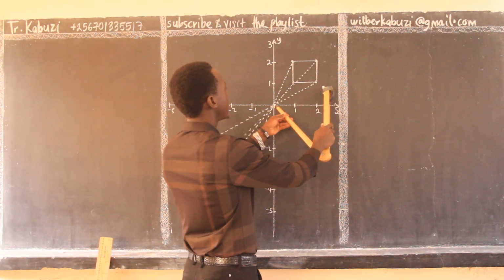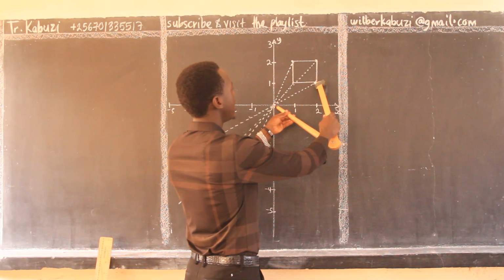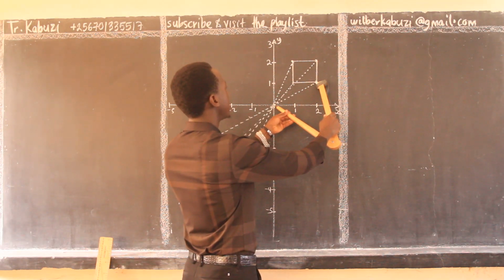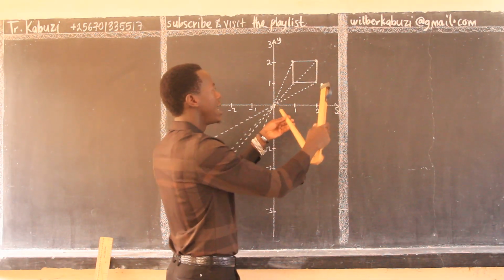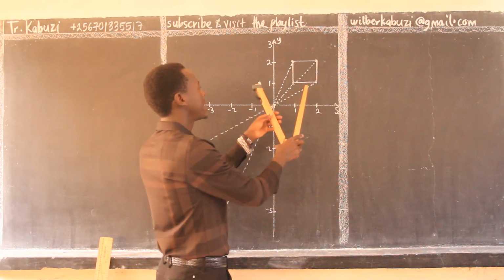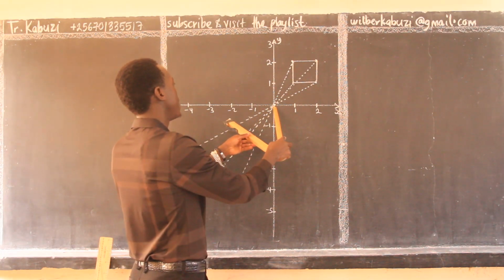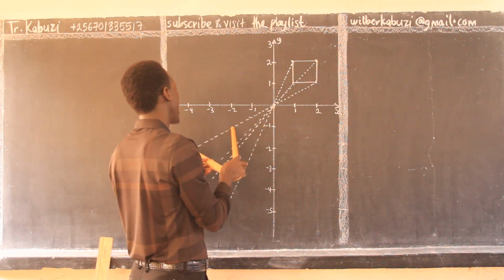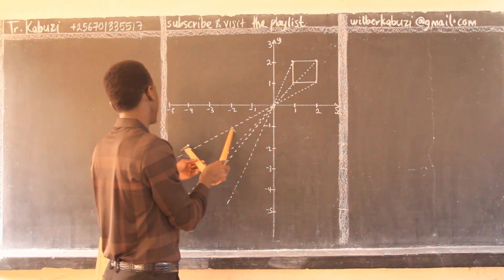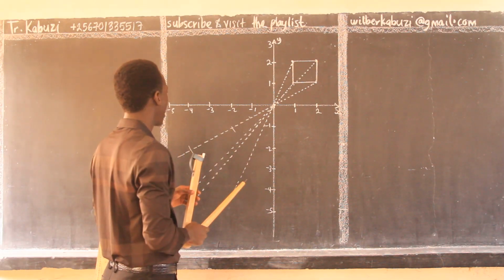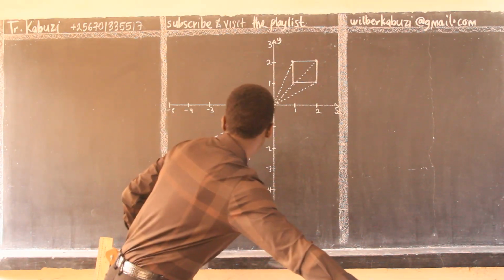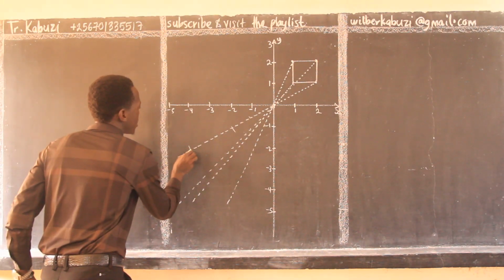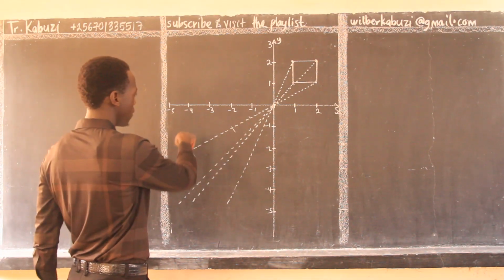You see the distance there is this. To get the image, I have to take this distance twice, following this line. So I press at the center of enlargement like this, press my first there, that is 1. It has to be twice because of the 2. Then the second one is there. So where it falls, this becomes the first coordinate of the image.